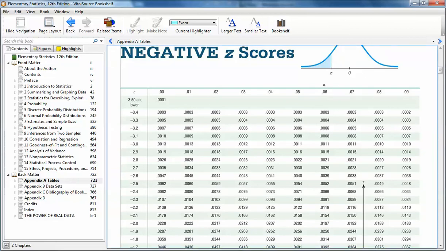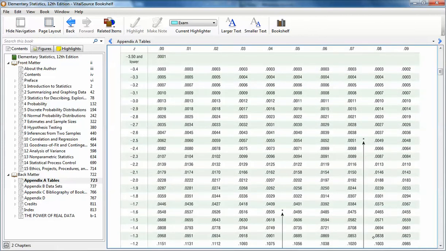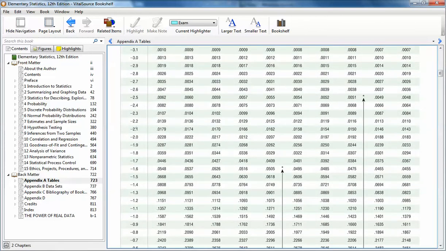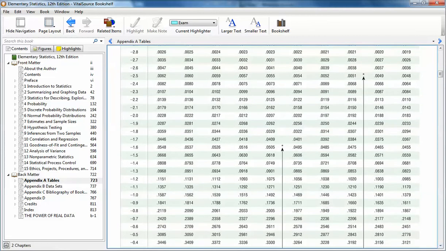It was the 6th column. So negative 0.56. Negative 0.56 is 0.2877. So that's your answer. Negative 0.56.